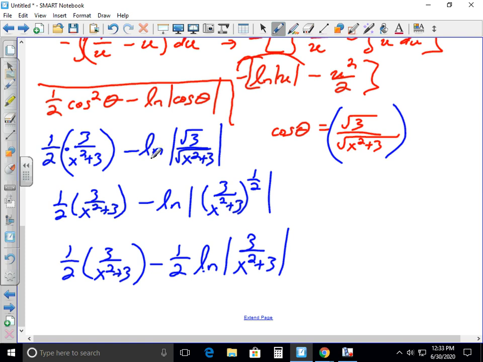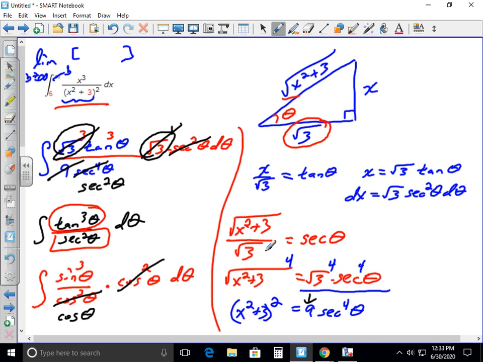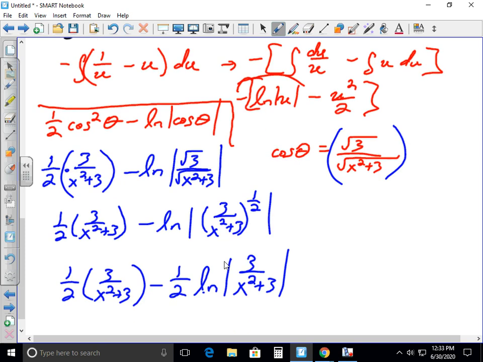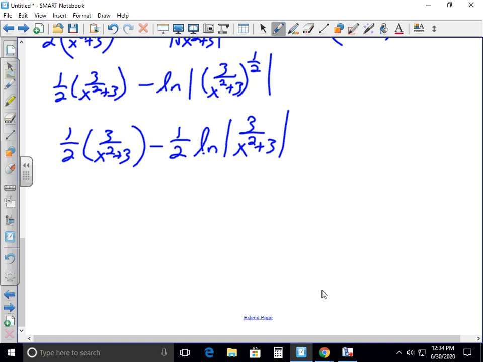Now let's remind ourselves, what is our x approaching? Our x is going to be going towards infinity. So do we want to leave it like this or not? If the denominator goes to infinity, this goes to 0, and we don't know how to evaluate log of 0. So you might say, well, how can we fix that? Several different ways.